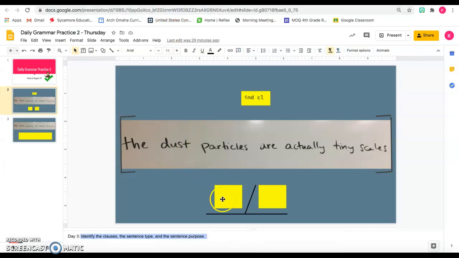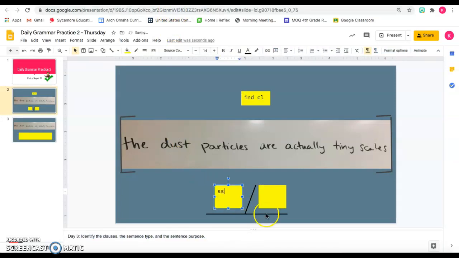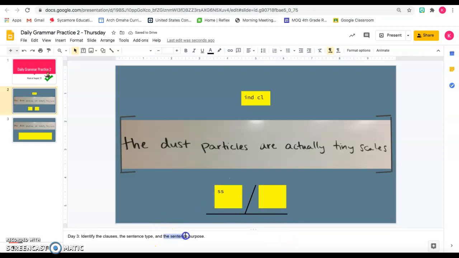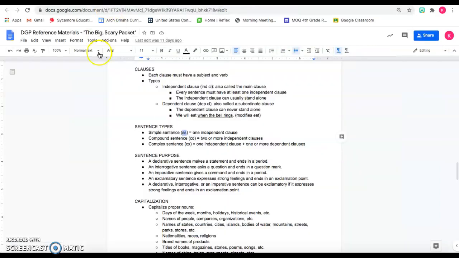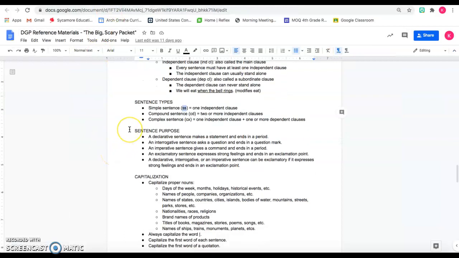So going back to our copy, whether it is on Google Slides or on paper, we're just going to put SS. Now, the next thing we have to do is find the sentence purpose. And this one's always a little bit tricky. So if you go back to your big scary packet and you look for sentence purpose, there are 4 main purposes.